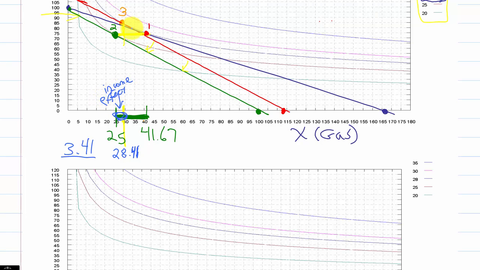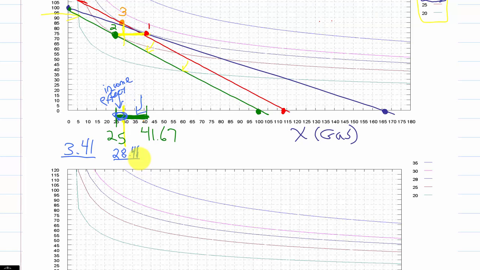The remainder is the substitution effect. The reaction that consumers have because of the relative price change. Now gas is relatively more expensive compared to all other goods than it was. It used to be cheaper. Now it's the same price as all other goods. It's $1. So this larger section here between 28.41 and 41.67 is the substitution effect.